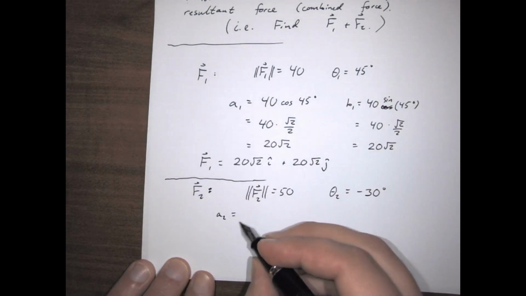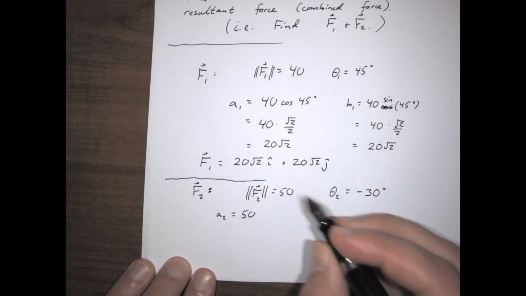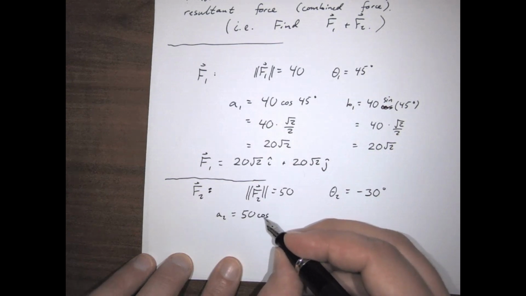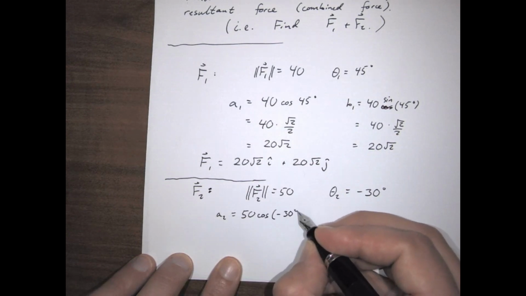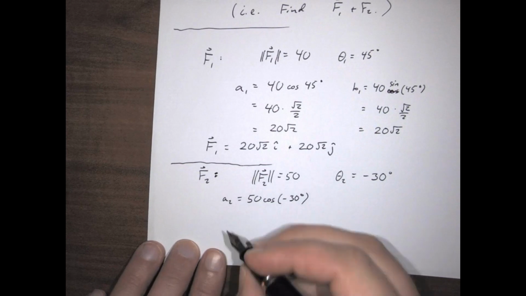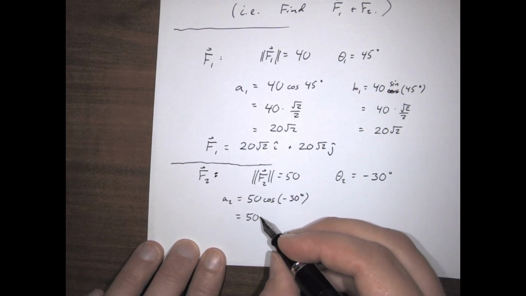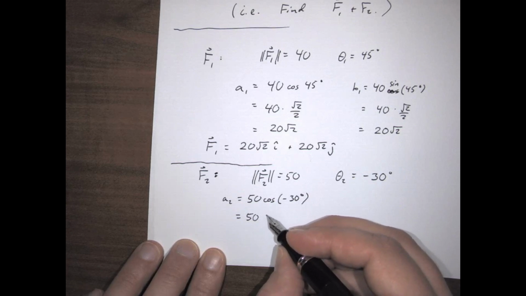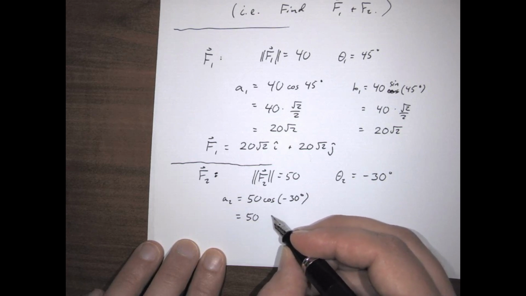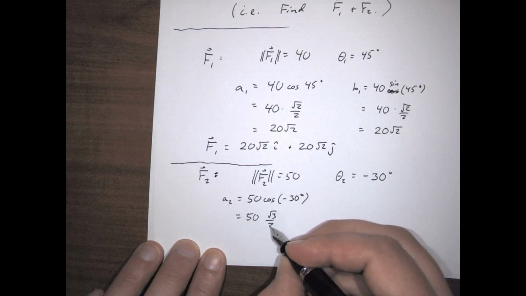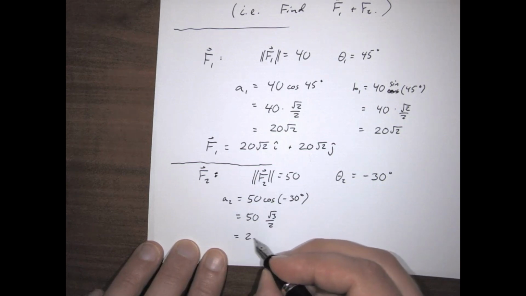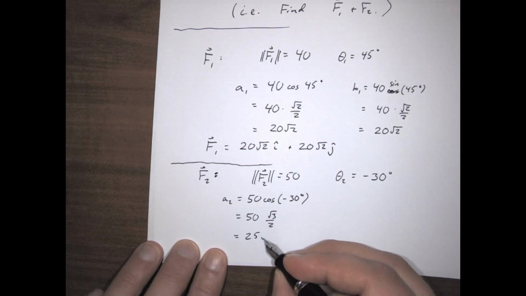So A2 is equal to 50 cosine of negative 30 degrees, which is going to be 50 times root 3 over 2, which is then 25 root 3.